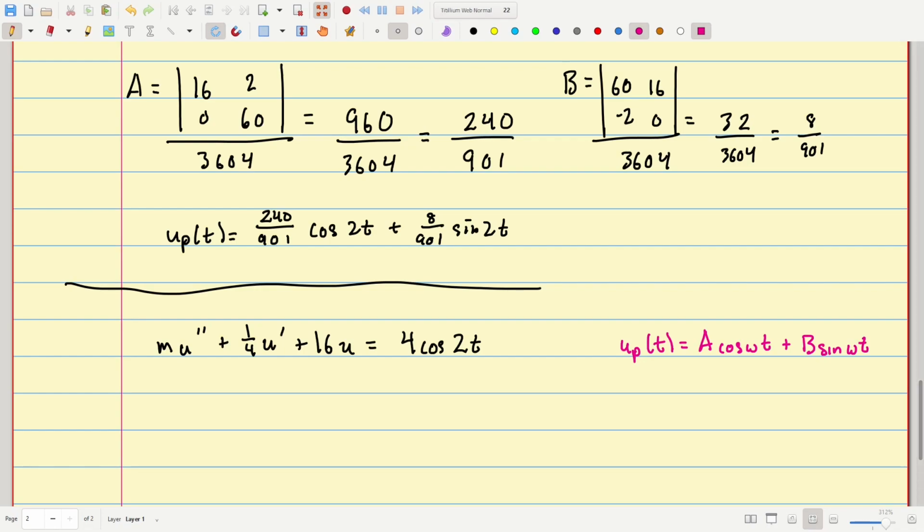Except we are on purpose not specifying the value of omega because we want to figure out what the optimal omega is.